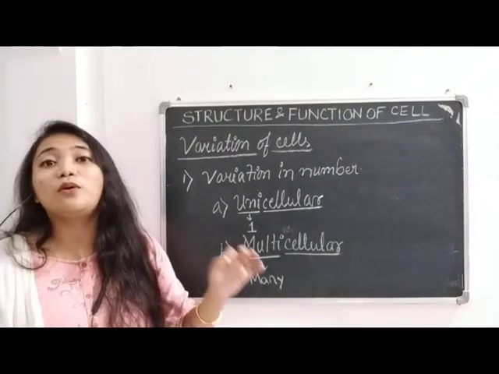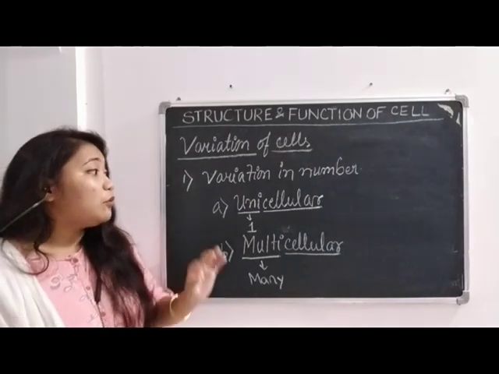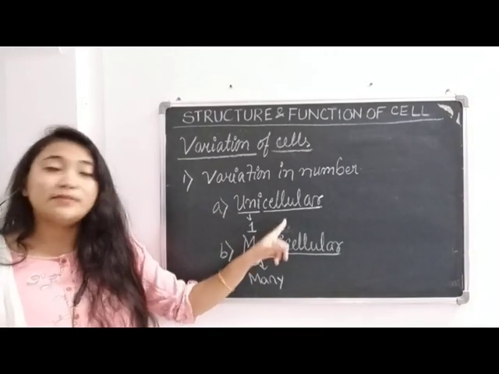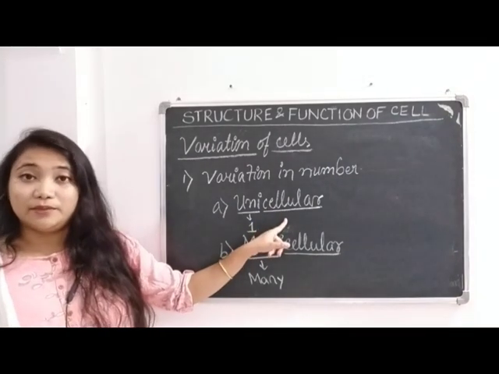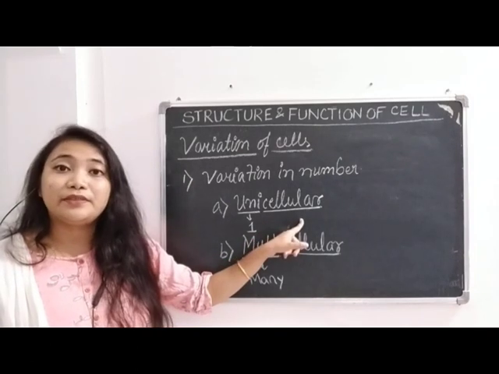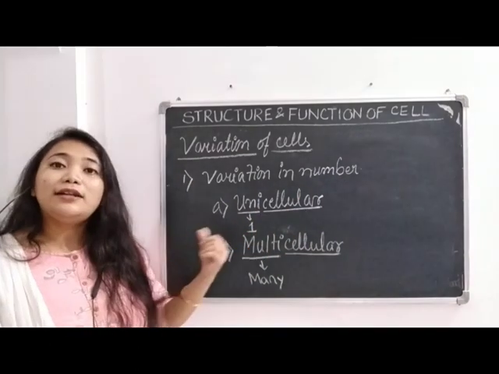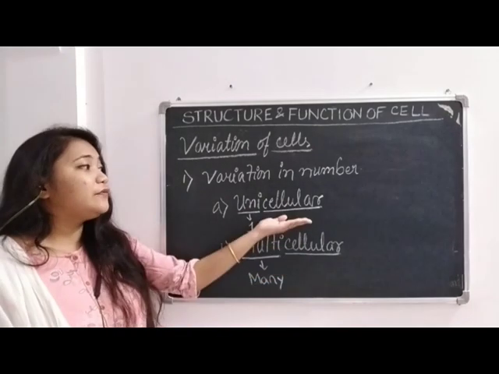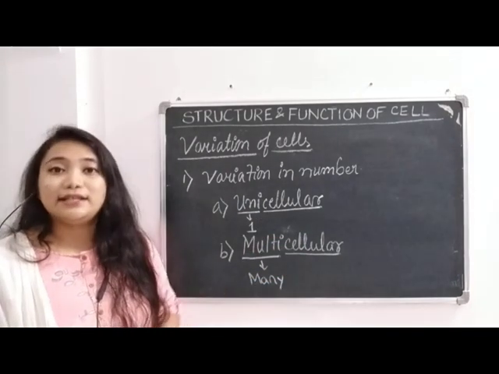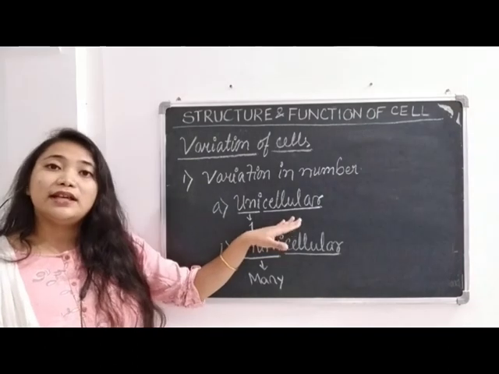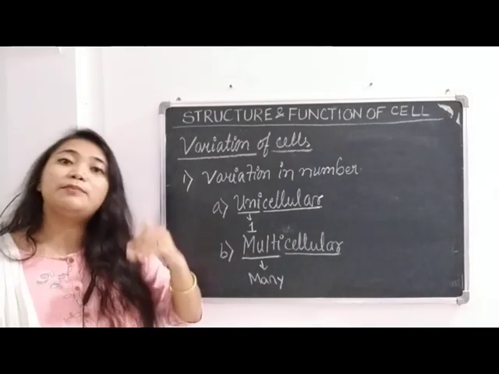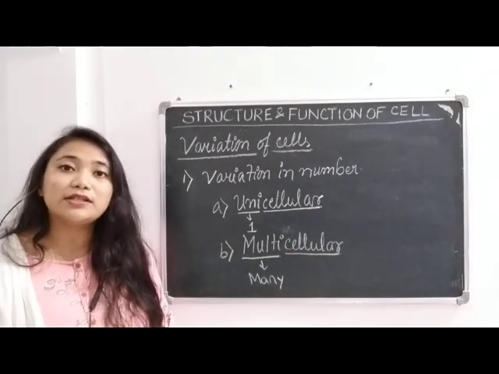The microorganisms. Yes, most of the microorganisms are unicellular, like the bacteria, the paramecium, the amoeba. All these are examples of unicellular organisms. That means their body is just a single cell and it performs all the normal activities with the help of that single cell.